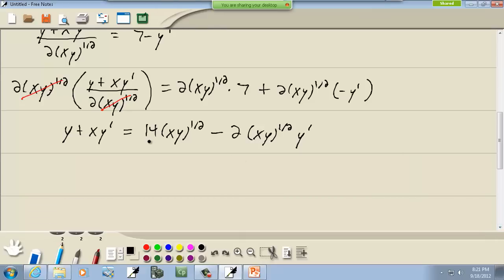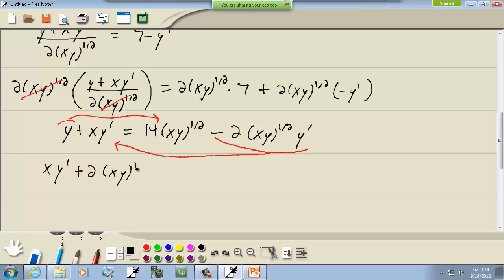Okay. We're solving for y prime, so we want to get everything with a y prime on one side, everything else on the other side. So I'm going to take this negative 2xy to the 1/2 y prime over to the left side. I'll take the y over to the right side. So we'll have everything with y prime on the left side. Remember, when you take anything across your equals, the sign changes. So the negative 2xy to the 1/2 y prime becomes a positive 2.